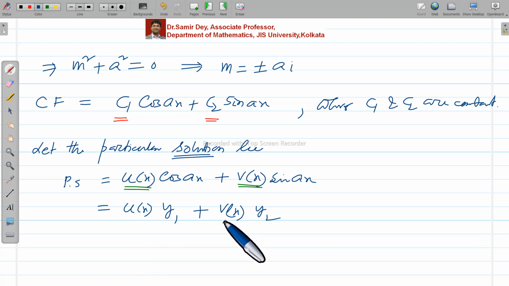Here we are calculating PI. If you are facing any confusion, whether I should write PI or PS, we can rectify it, no problem.